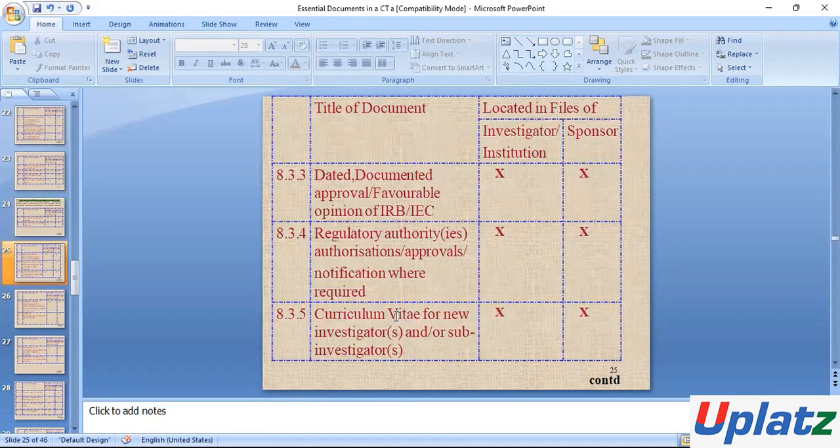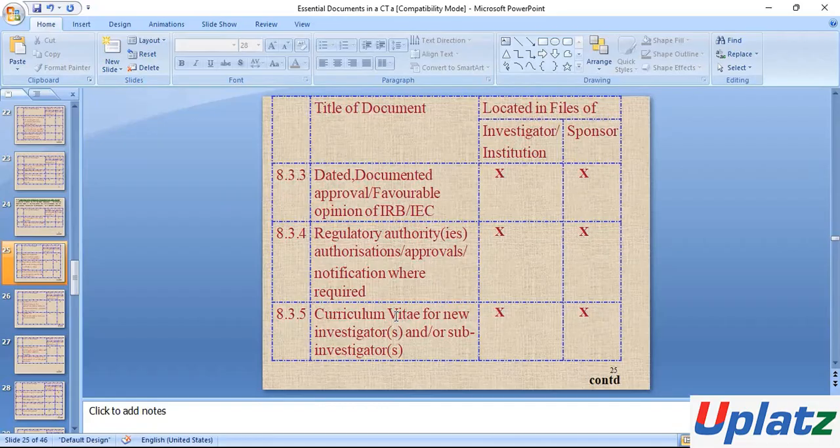If there are any approvals taken after the study has already started, that means we need dated and documented approval or favorable opinion of the IRB or IEC to continue the trial. In the same way, regulatory authorities' approval is also required. Then CV.